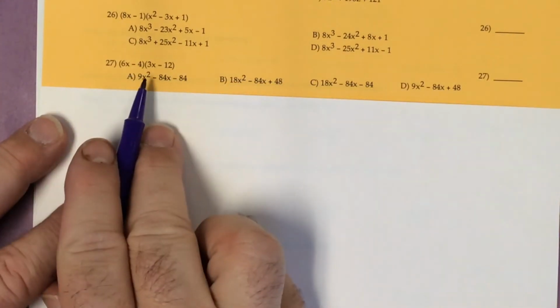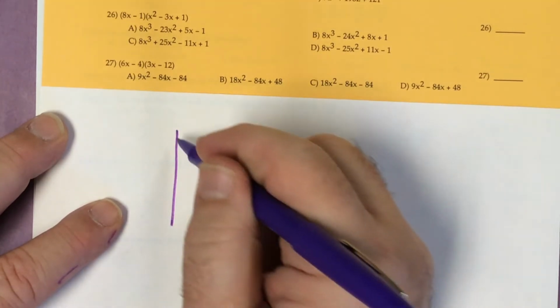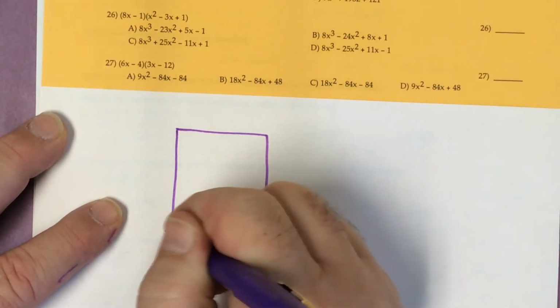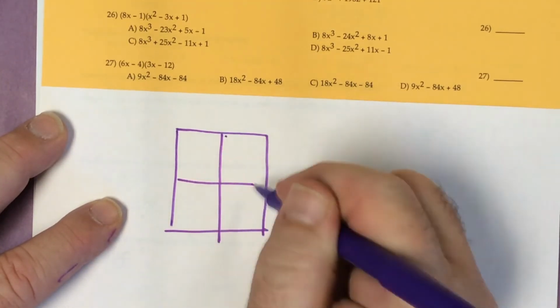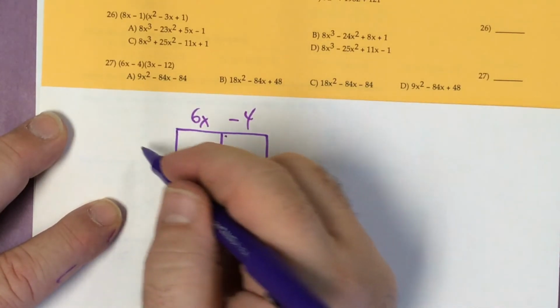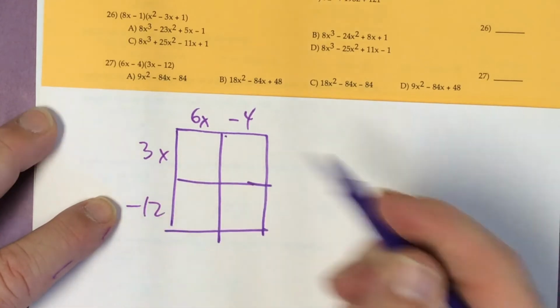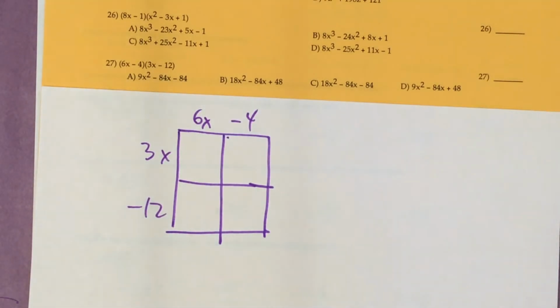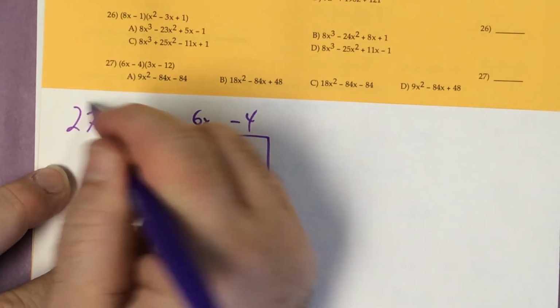Where we have (6x minus 4) times (3x minus 12). Again, it's going to be another multiplication box here, just 2 by 2 for this one. So we have 6x minus 4, then we have 3x minus 12 for question 27.